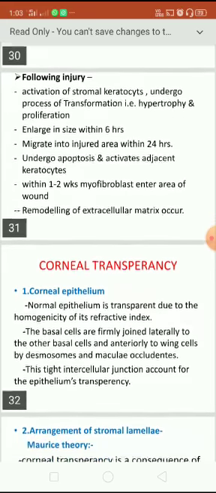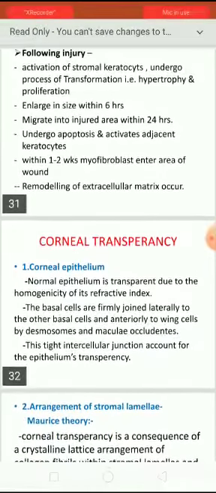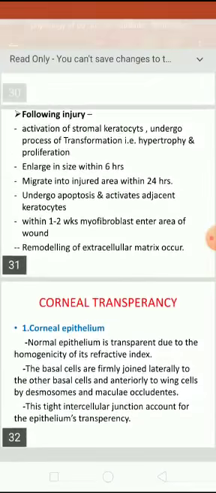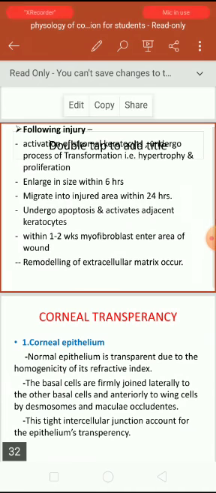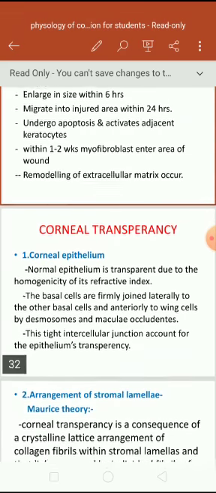Following injury, stromal keratocytes are activated and undergo transformation, hypertrophy and proliferation, enlarging in size within 6 hours and migrating into the injured area within 24 hours. They undergo apoptosis and activate the adjacent keratocytes, and within 1 to 2 weeks myofibroblasts enter the area of the wound. So remodeling of the extracellular matrix occurs.